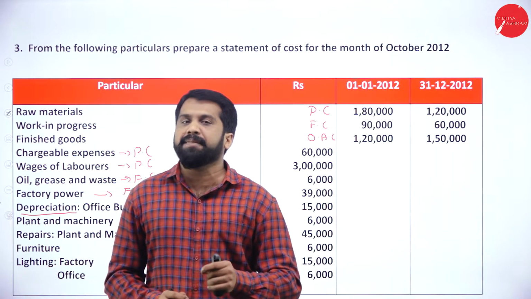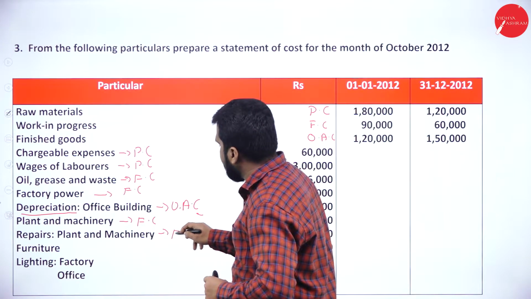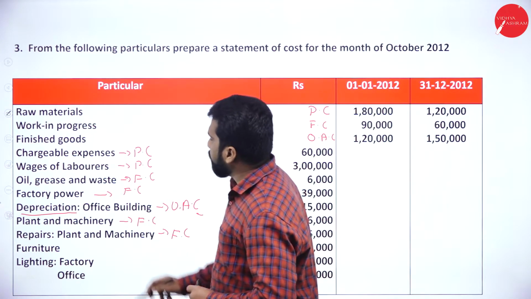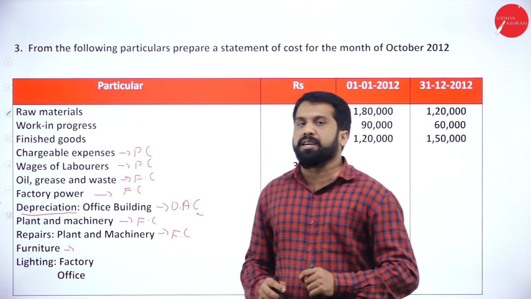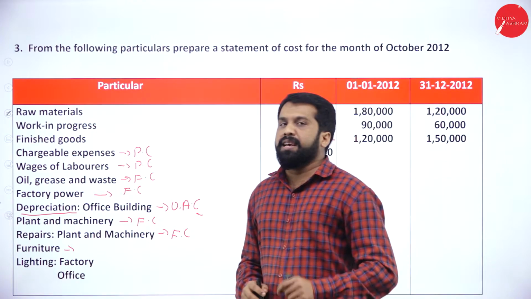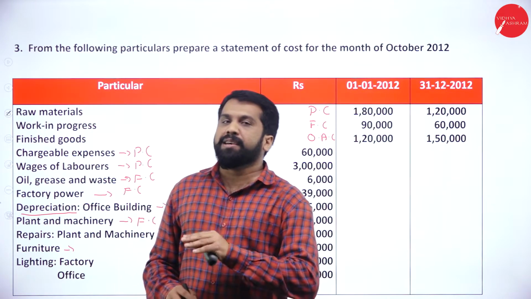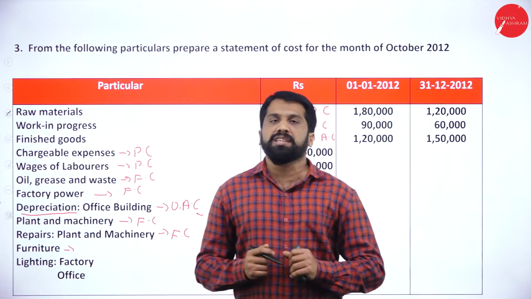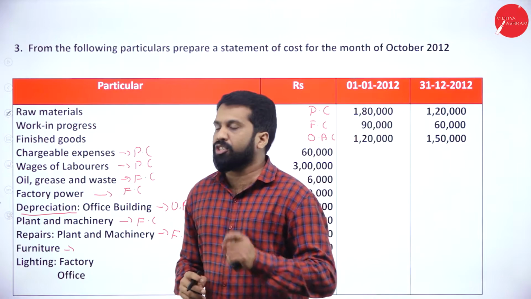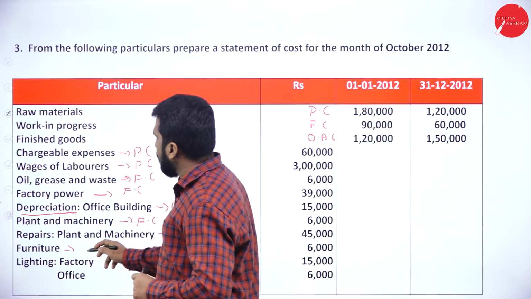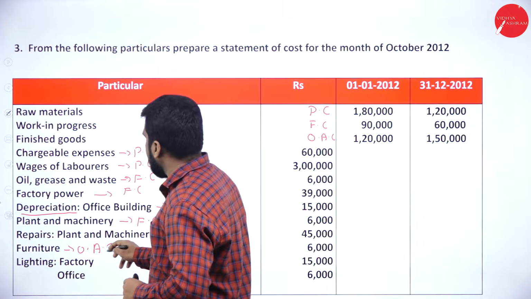We find it in factory, so this will be factory cost. Then furniture. Any repairs for furniture normally we get in office, like your tables, chairs, and cupboards, all of which we consider furniture. So these will come under office and administration cost.